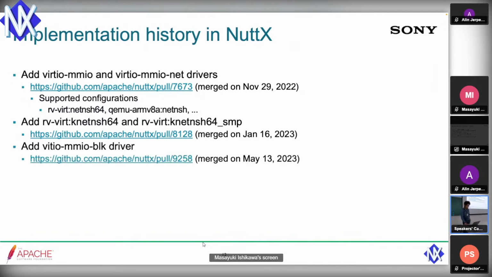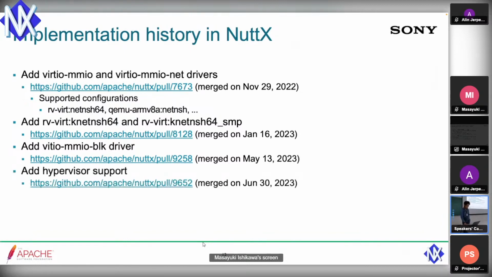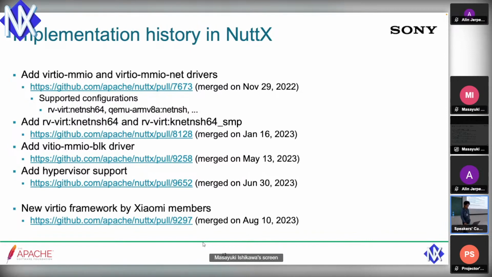And after that, I added the VirtIO block driver, which implements block drivers. Also, I added hypervisor support, which can run on ARM64 hardware such as Raspberry Pi and Apple M1 MacBook Pro. And after my block device driver was merged, Xiaomi members sent a new pull request, which supports a new VirtIO framework.